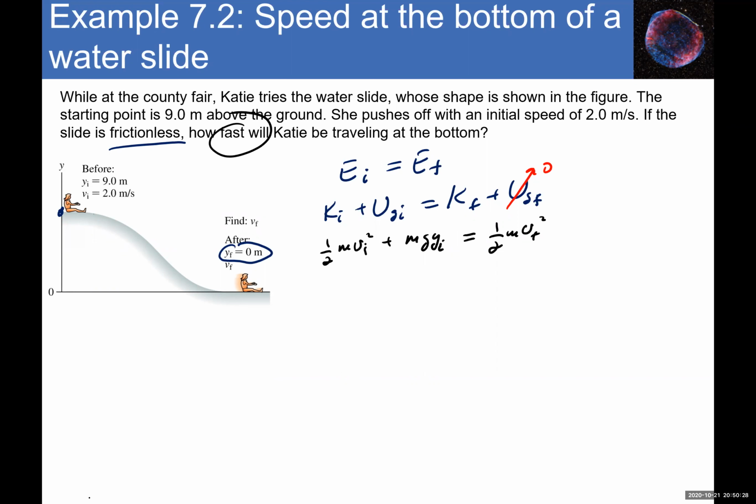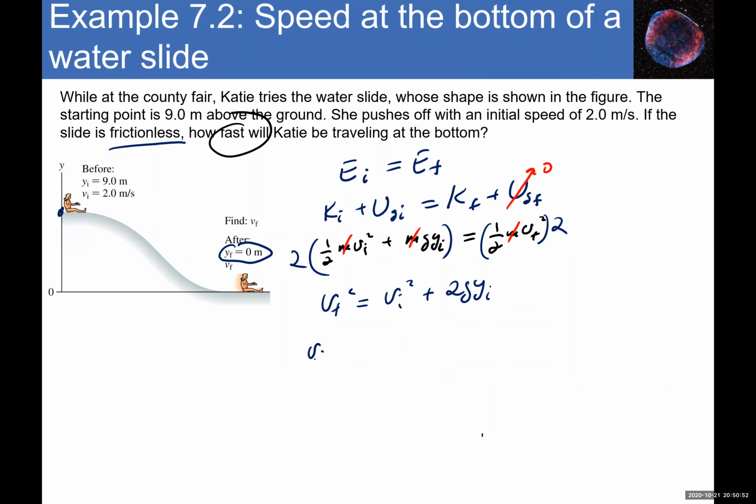I can see that mass cancels out from all sides. Rearranging this and multiplying all sides by 2, I get v final squared equals v initial squared plus 2 g y initial.